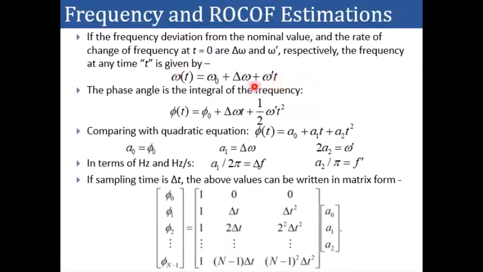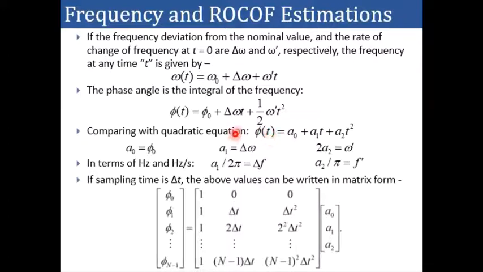Now if you integrate this expression, you will get the phase angle, and this can be represented as phi t equal to phi naught plus delta omega t plus half omega dash t square.